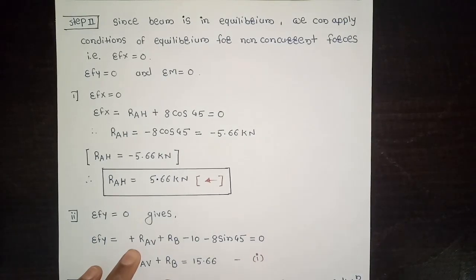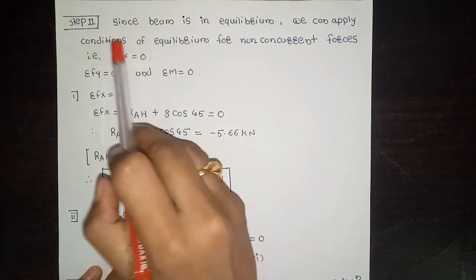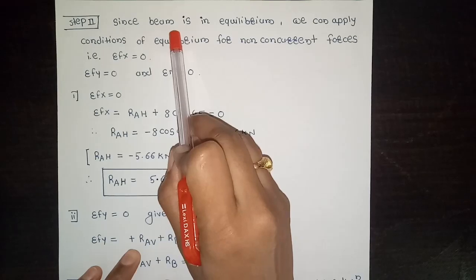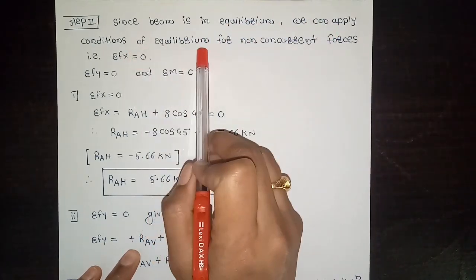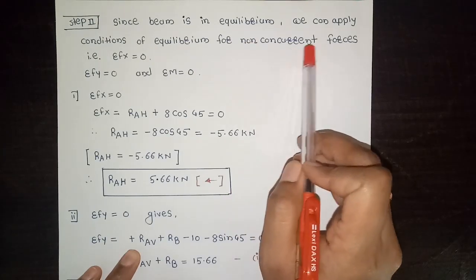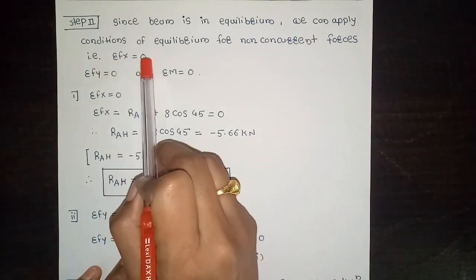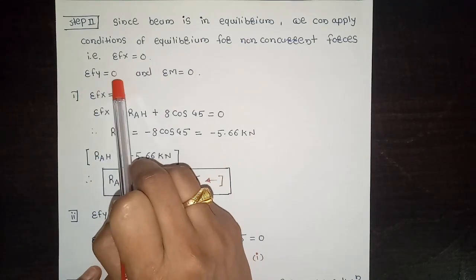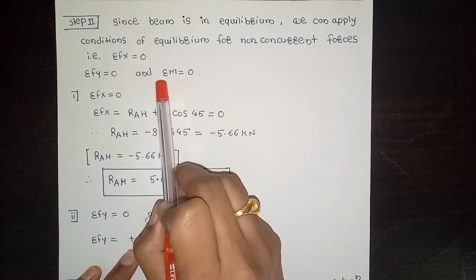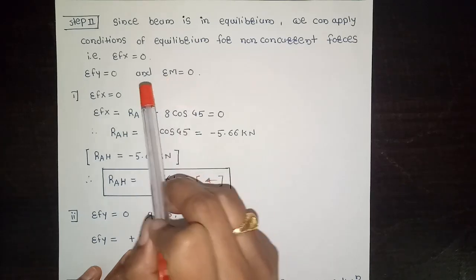The next step, step second: since beam is in equilibrium, we can apply conditions of equilibrium for non-concurrent forces, that is summation Fx is equal to 0, summation Fy is equal to 0 and summation moment is equal to 0.